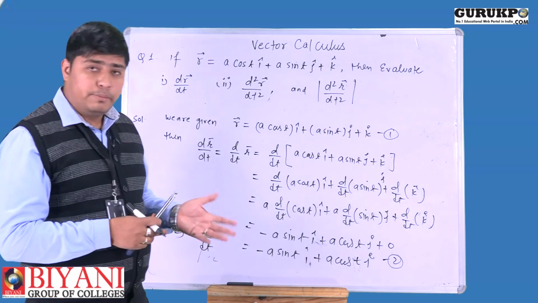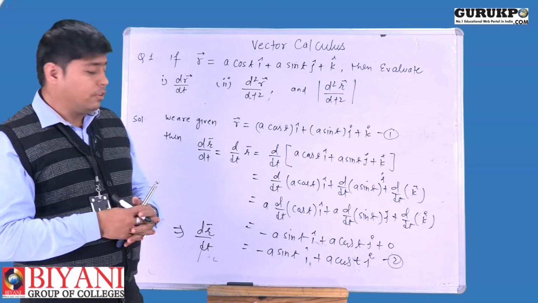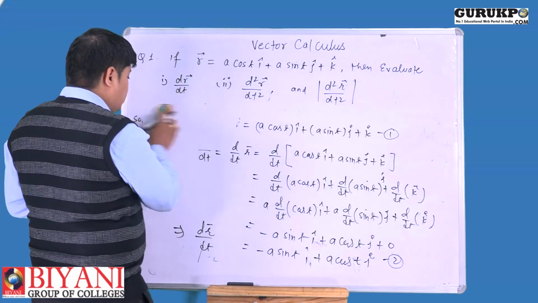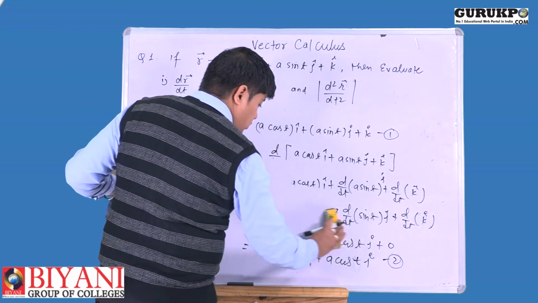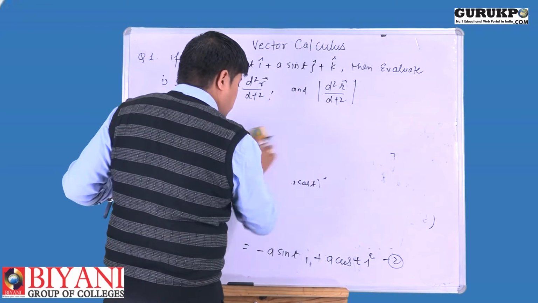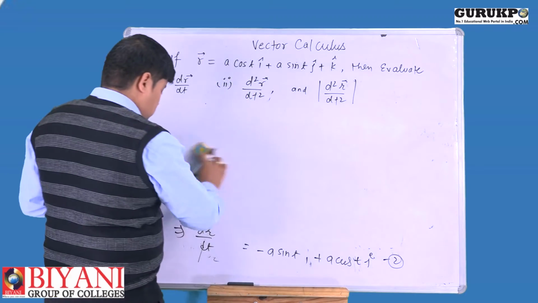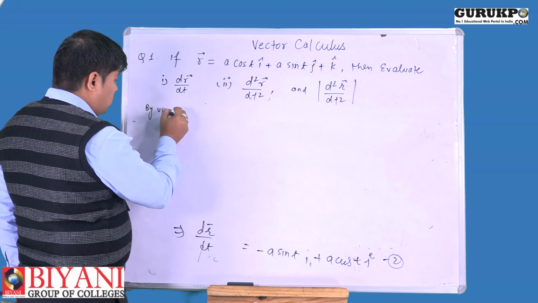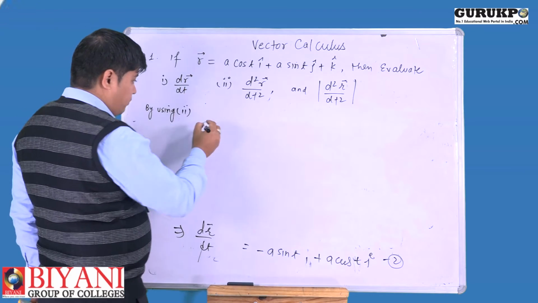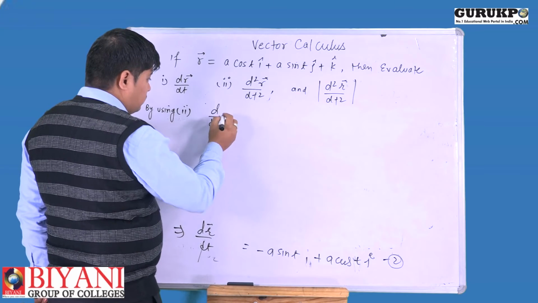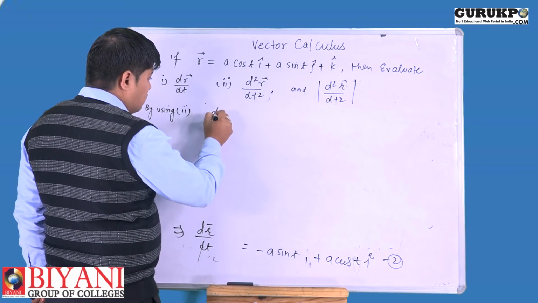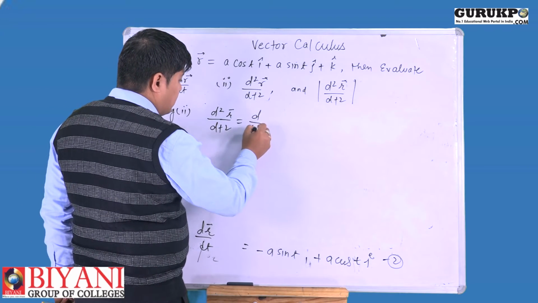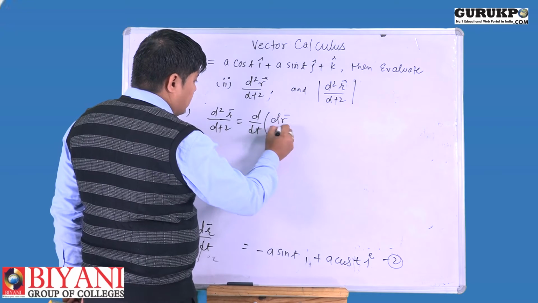In a similar manner, we can find the second derivative by using relation 2. d2r by dt square is d by dt of dr by dt.